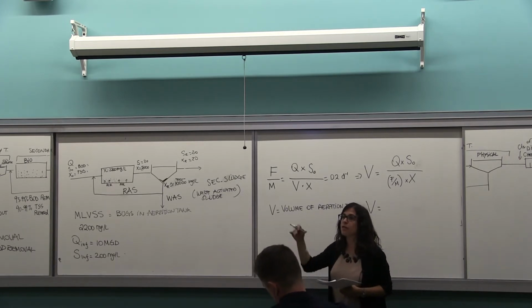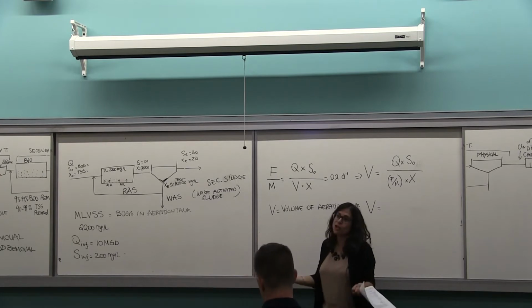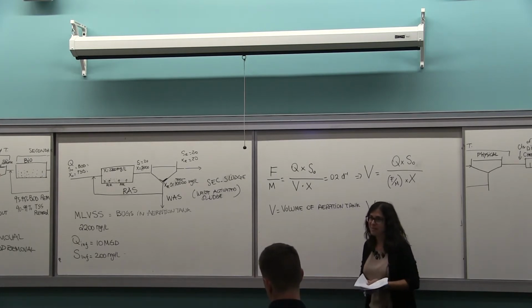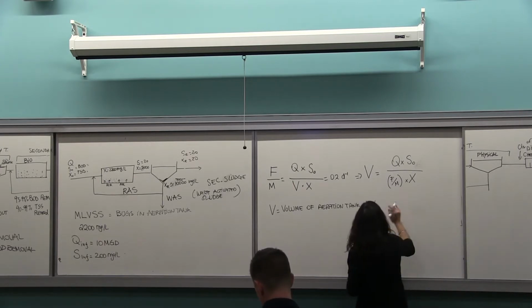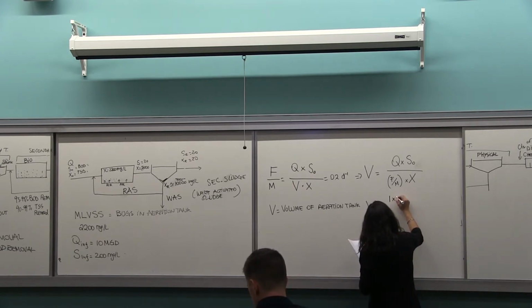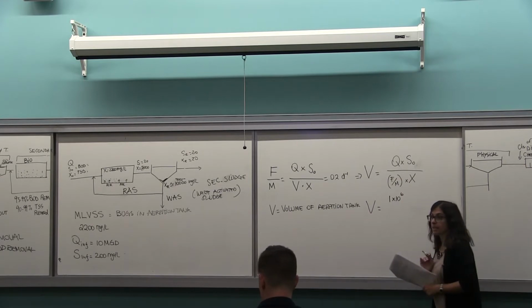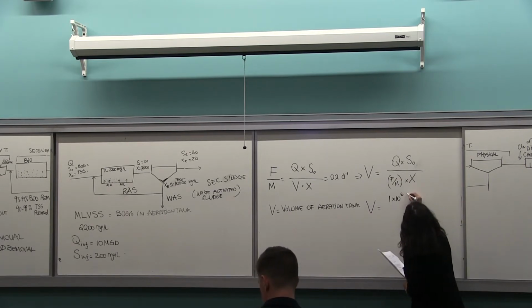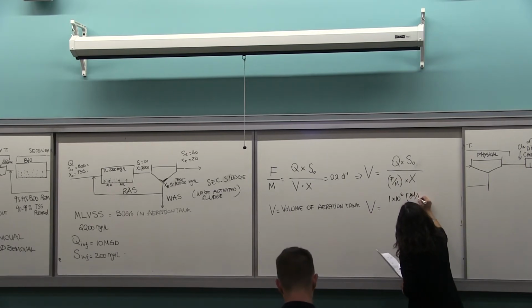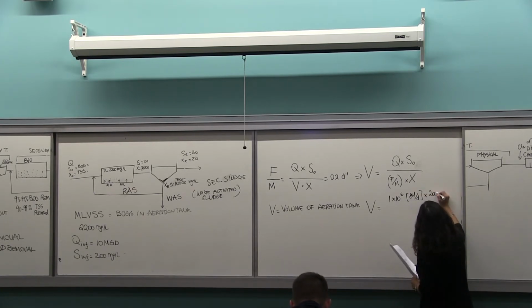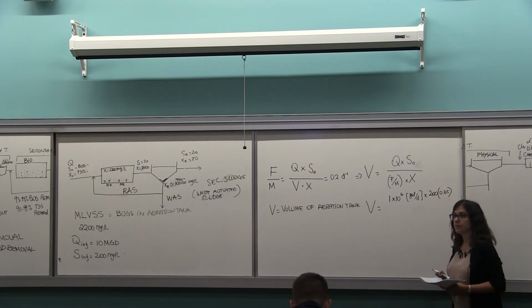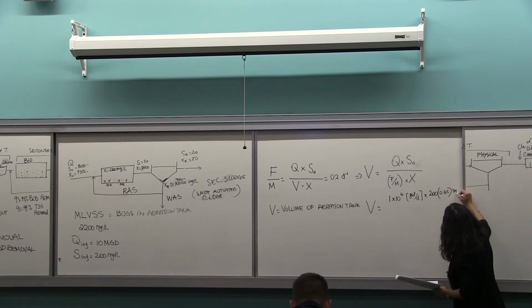If it's removed in the primary clarifier, it's not going to be food for the bugs, right? So it's just the S naught. So I'm going to have 10 to the power 6, that's my gallon per day. S naught is going to be 200 times 0.65, milligram per liter.